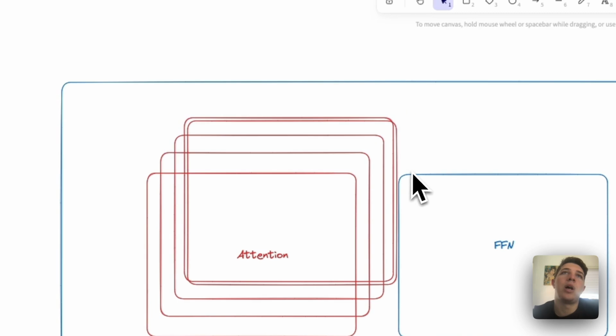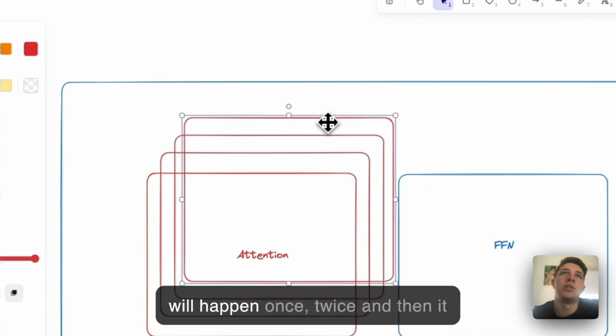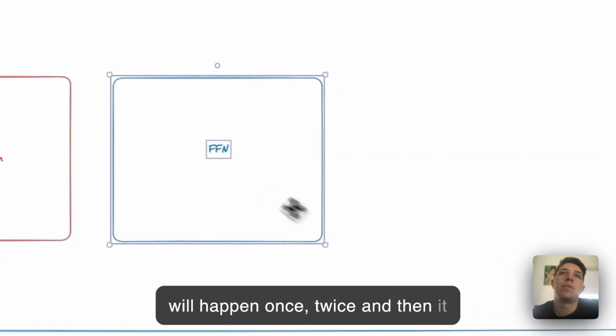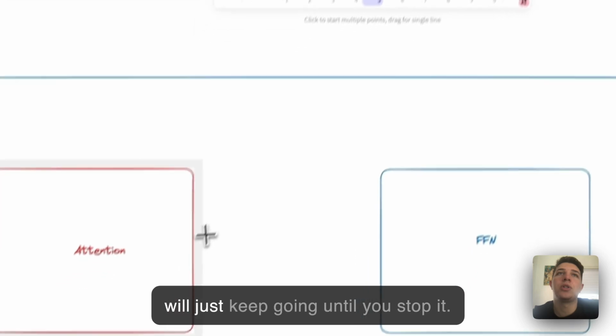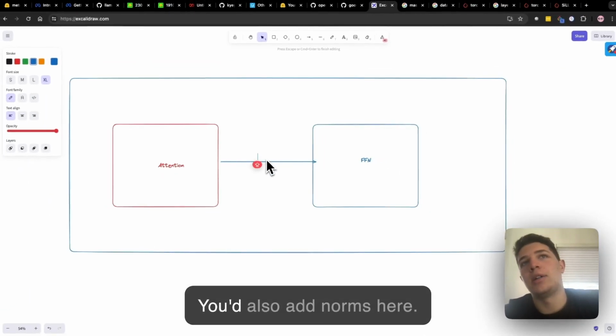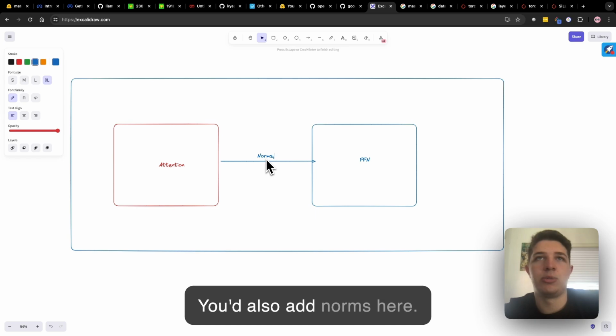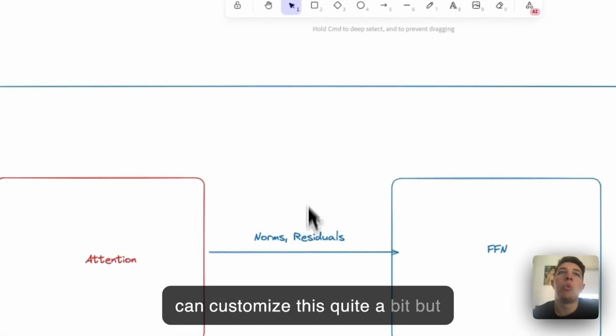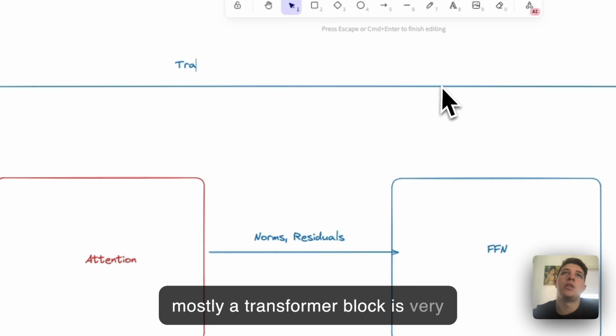So this will happen once, twice, and then it'll just keep going until you stop it. So you could also add norms here. A lot of people do norms plus residuals. You can customize this quite a bit, but mostly a transformer block is very simple.